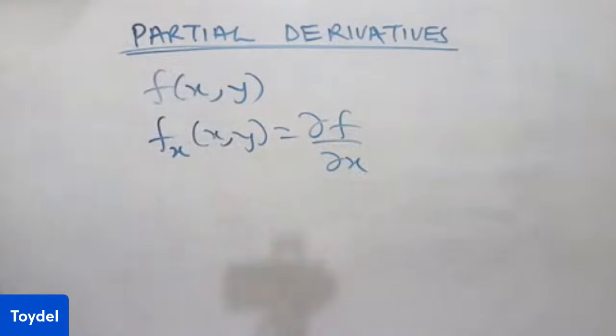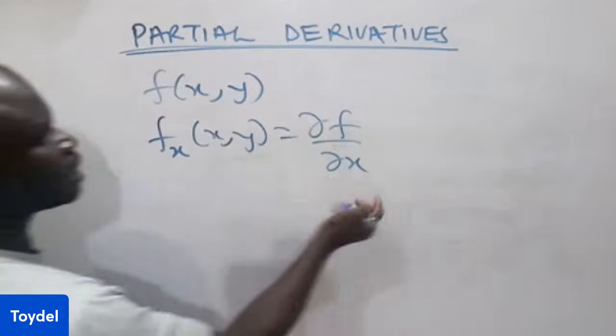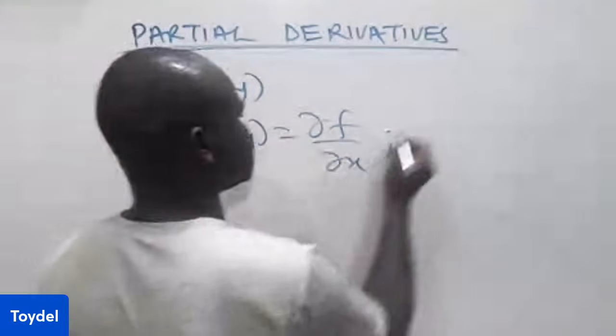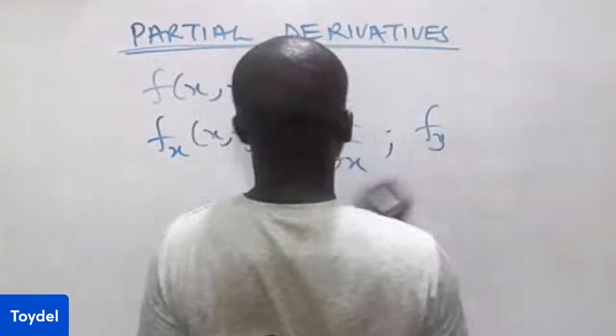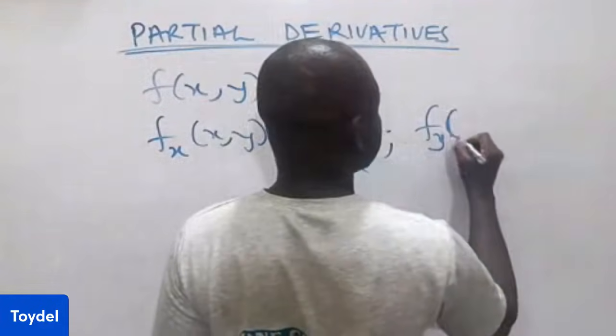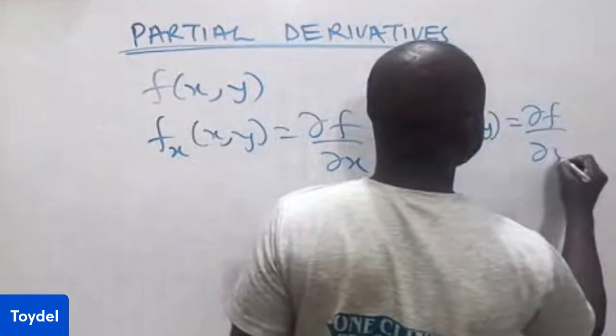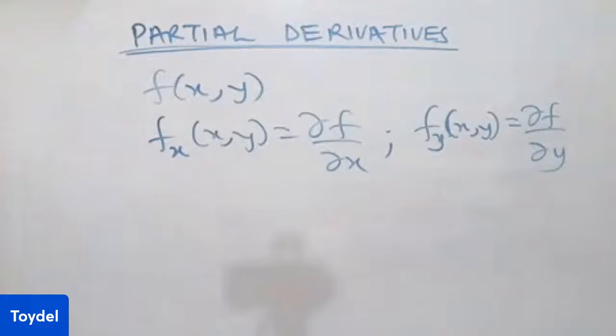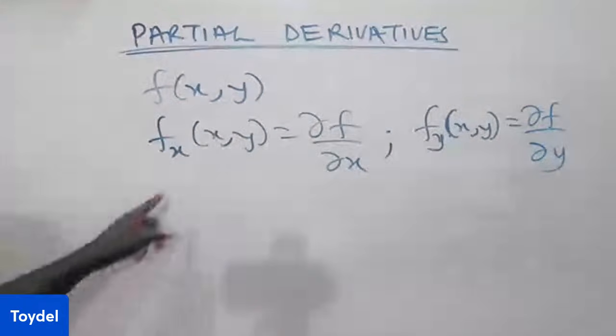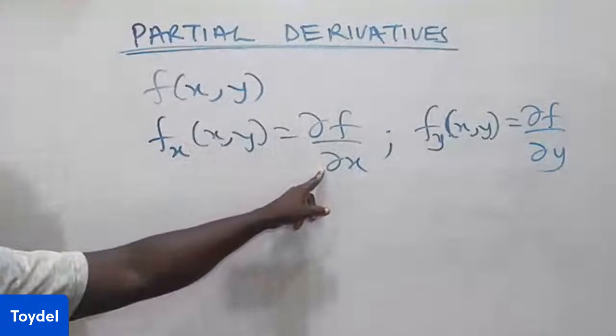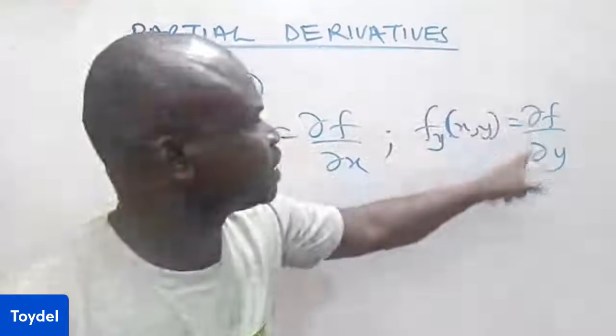That is, we are taking the first one, partial f partial x. Then if you are differentiating f with respect to y, this will be partial f partial y. So we are talking about partial derivatives in this sense. This is partial f partial x, and this is partial f partial y.